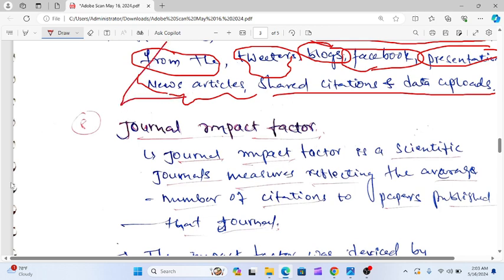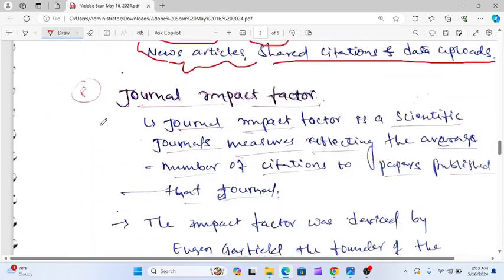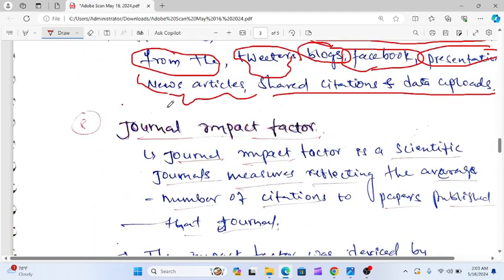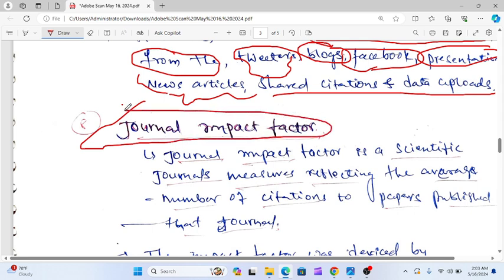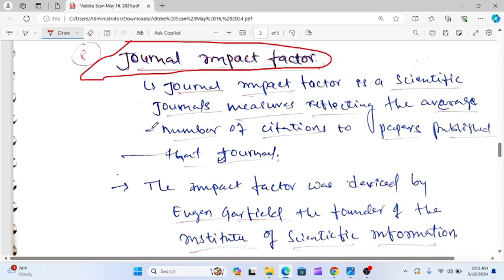Another one is the journal metrics. So what is a journal metric? Journal impact factor. How do we measure the journal impact factor?